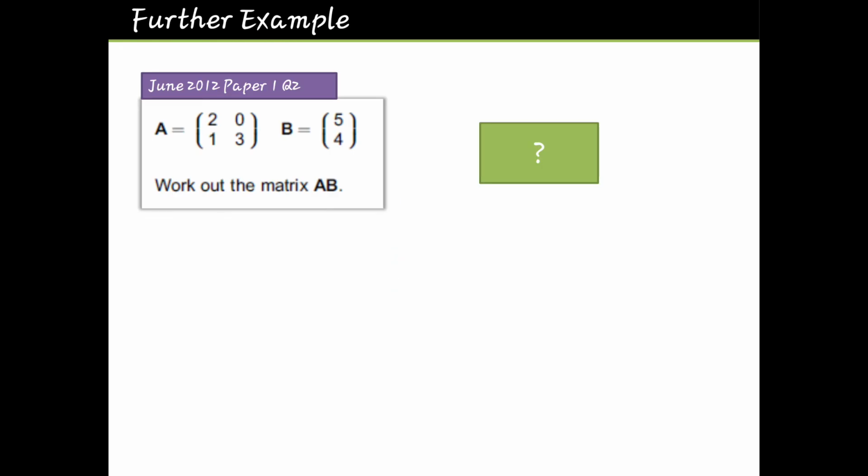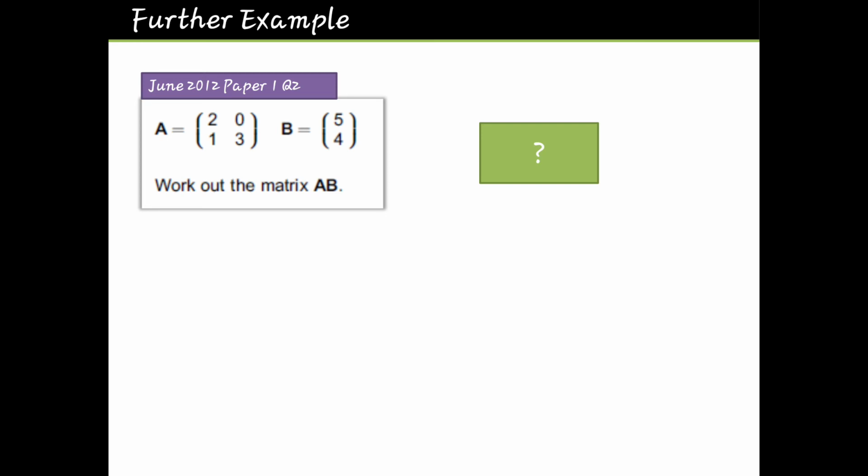Then this was a paper for UNEB. This was a question from UNEB June 2021. So matrix A equals 2 0 1 3, and B is this. Work out matrix AB, meaning that you should multiply A times B. Don't begin by B times A, because once you begin by B times A, you'll complicate your life and things will be hard for you.